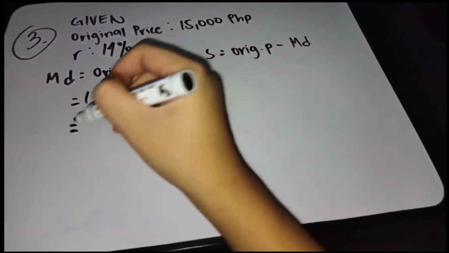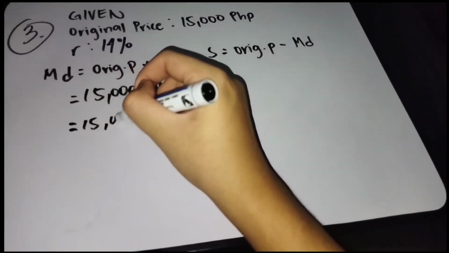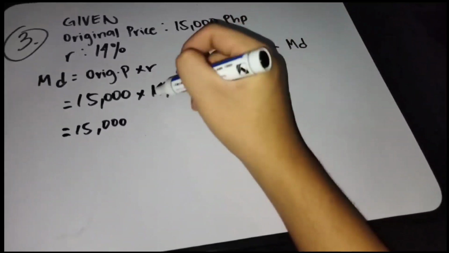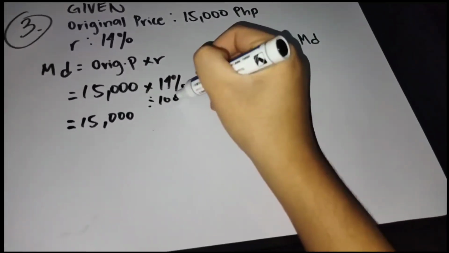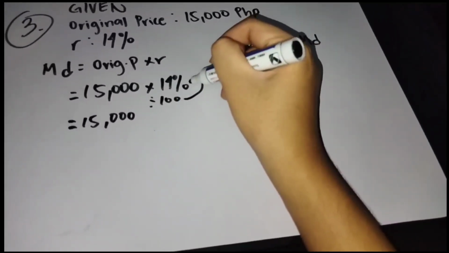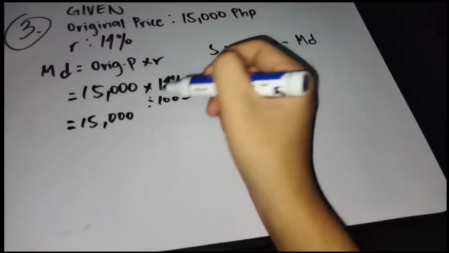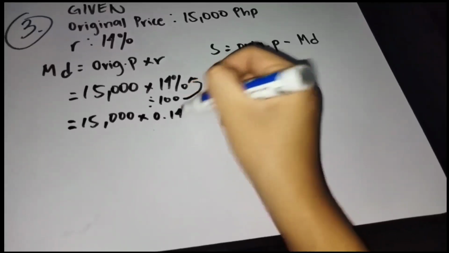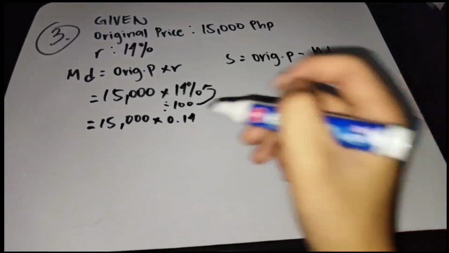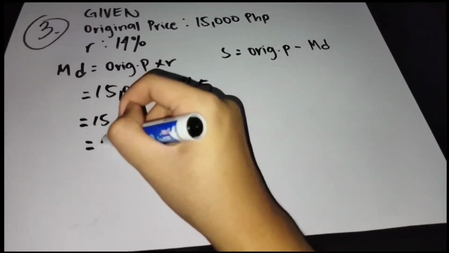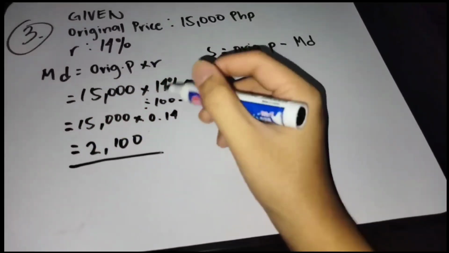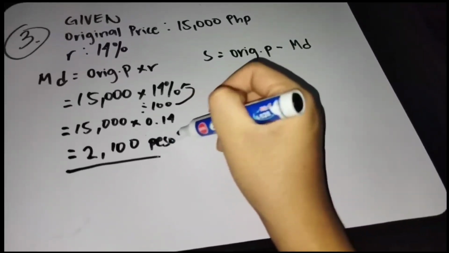Now, again, need pa nating i-convert yung 14%, and the easy way is to just divide it by 100. Yan. So, ang kakalabasan niyan ay 0.14. Now, ang magiging sagot natin ay 2,100 pesos. That is now our markdown.